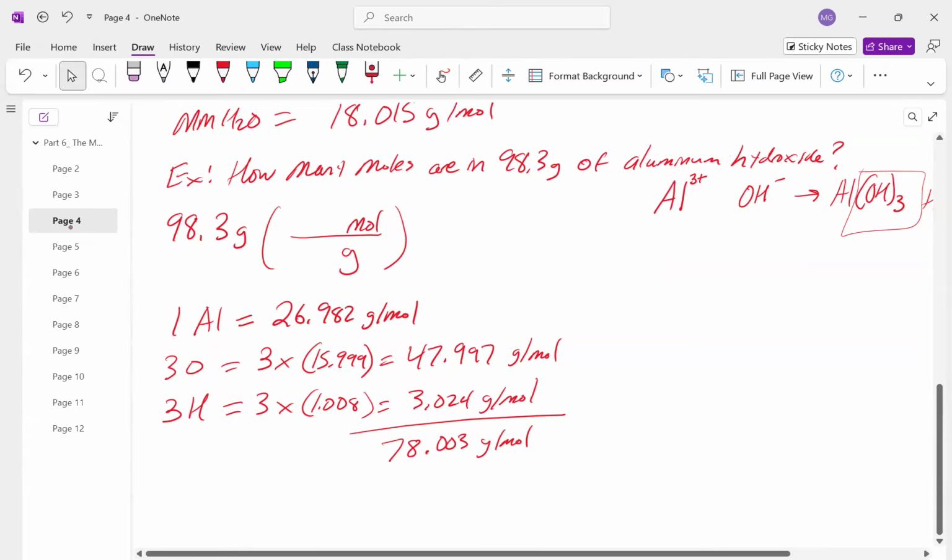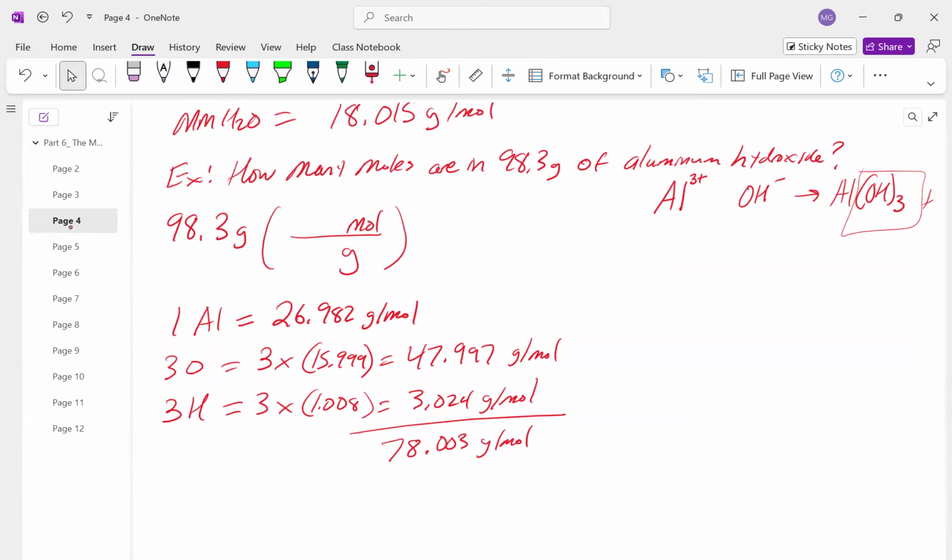So now that I have my molar mass of aluminum hydroxide, let me kind of clean this up a little bit. So now I'm going to put grams of aluminum hydroxide, and I want grams to cancel out. So that'll be on the bottom. Moles will be on top.